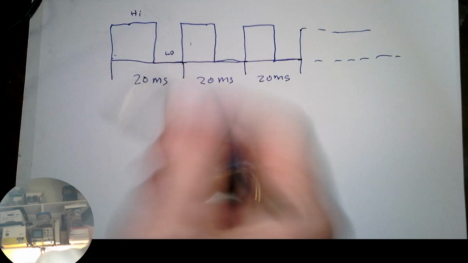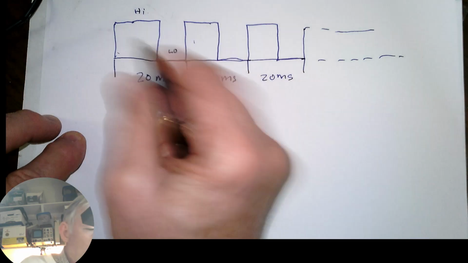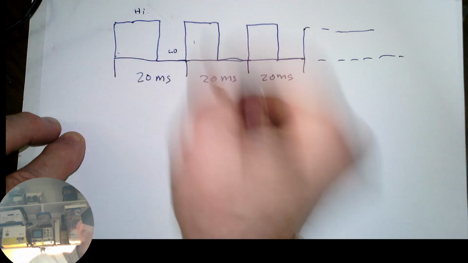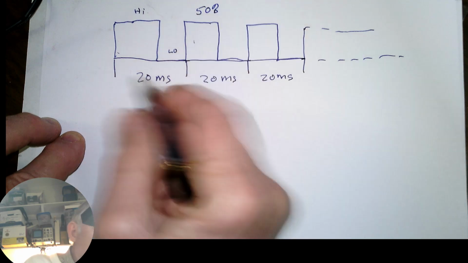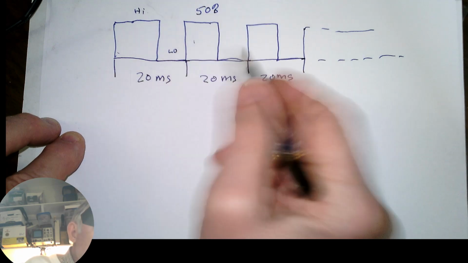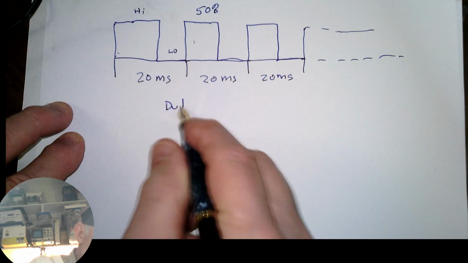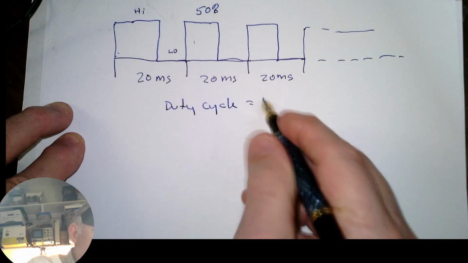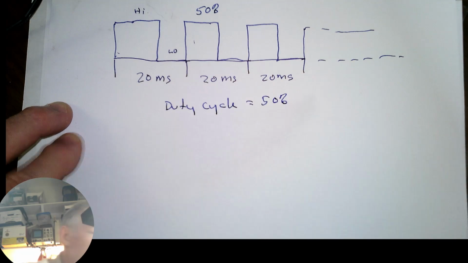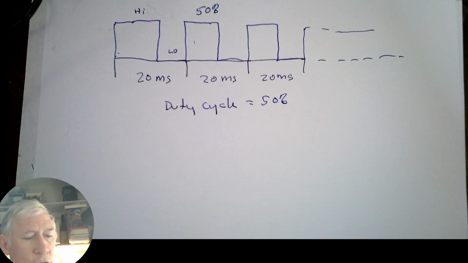I didn't do a very good job, I made this too fat here, but basically I tried to draw it so about 50% of the pulse period it was high, and 50% it's low, and we call that a duty cycle that equals 50%. And we always express duty cycle in percent. So this is a 50% duty cycle.